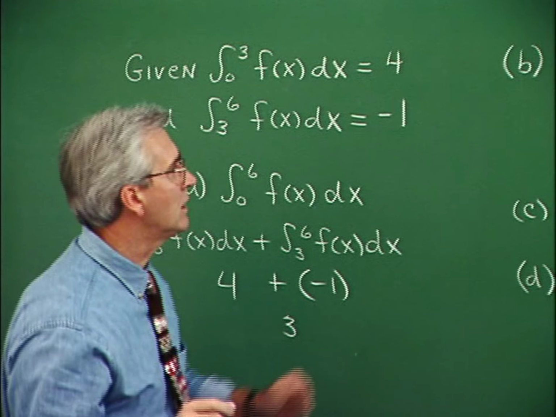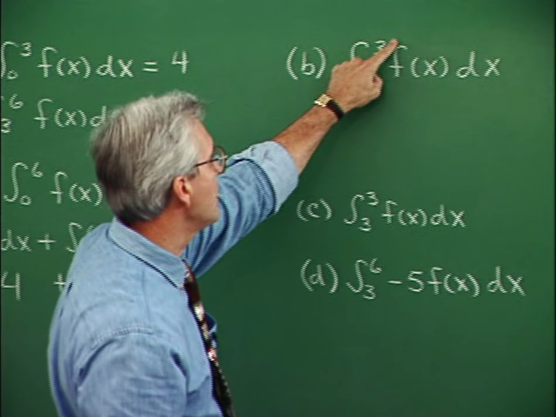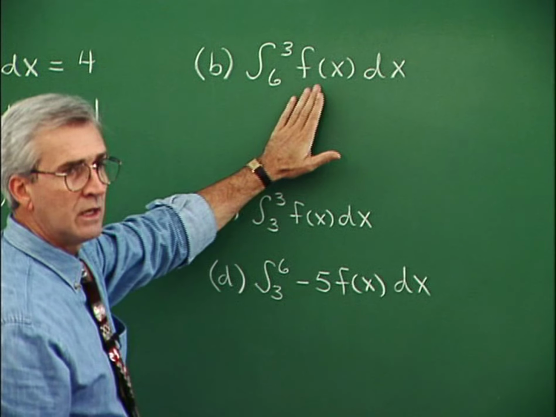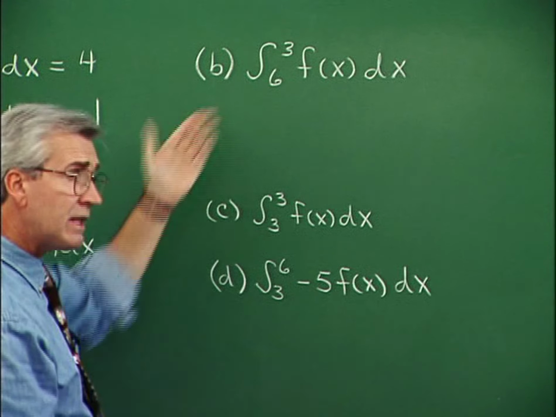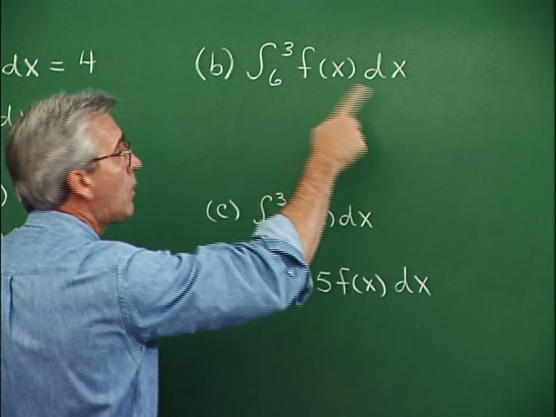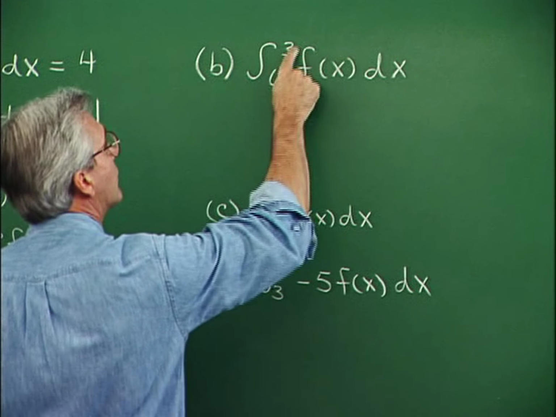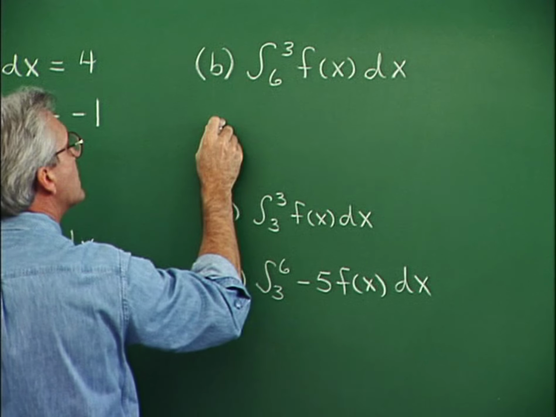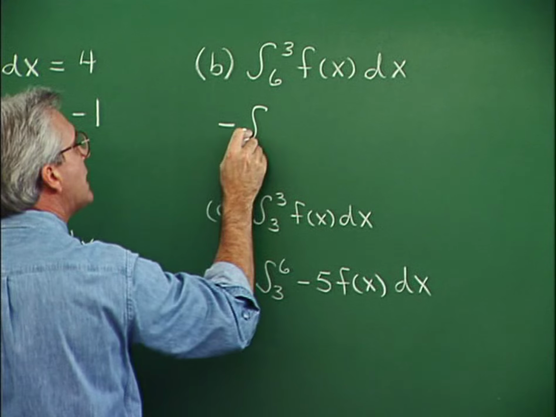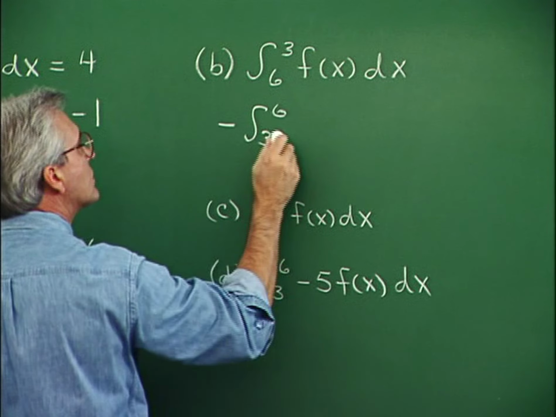Suppose we want to calculate the integral from 6 to 3 of that same function. Now, we're given the integral from 3 to 6, but we want to calculate from 6 to 3. Well, we understand that this is the negative of the integral from 3 to 6.